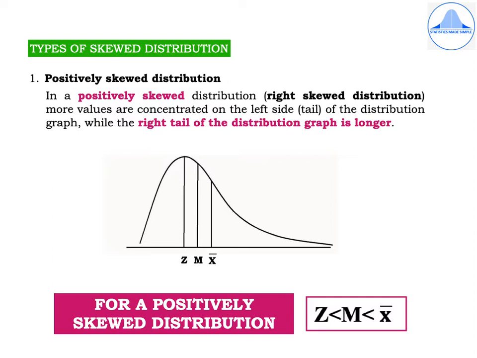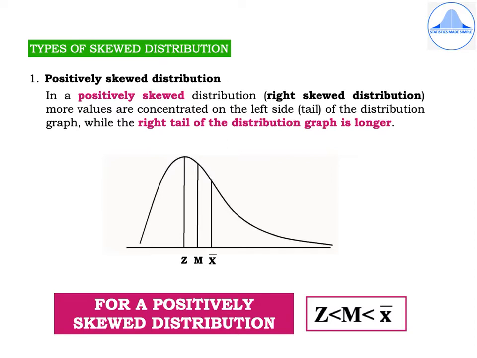Types of skewed distribution. The first one is positively skewed distribution. In a positively skewed distribution, that is also called a right skewed distribution, more values are concentrated on the left side or the left tail of the distribution graph, while the right tail of the distribution graph is longer.